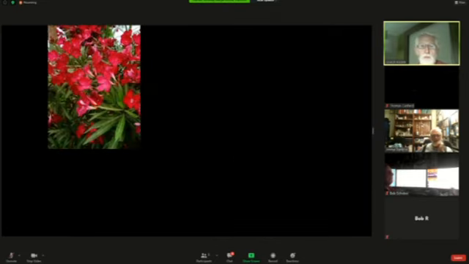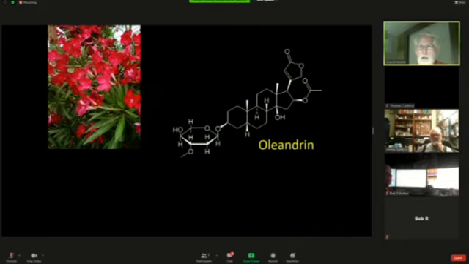Well, here you see a type of plant called oleander, which grows in the desert areas. We have it in Arizona. I've seen it in California as well, and other warm climates. And it has this particular molecule called oleandrin in the nectar. And this is a toxin.